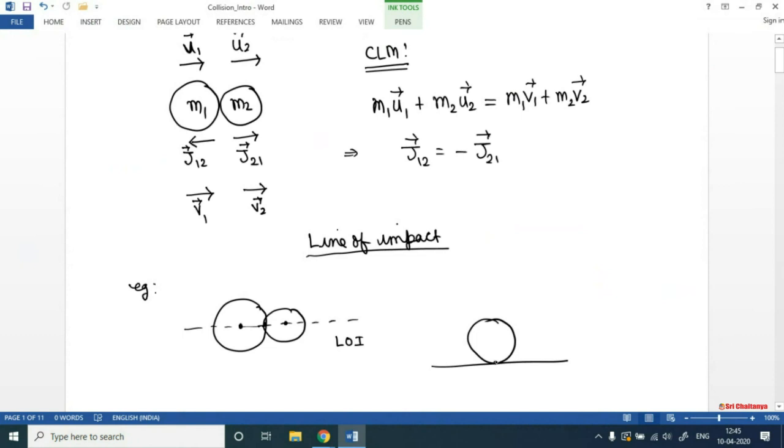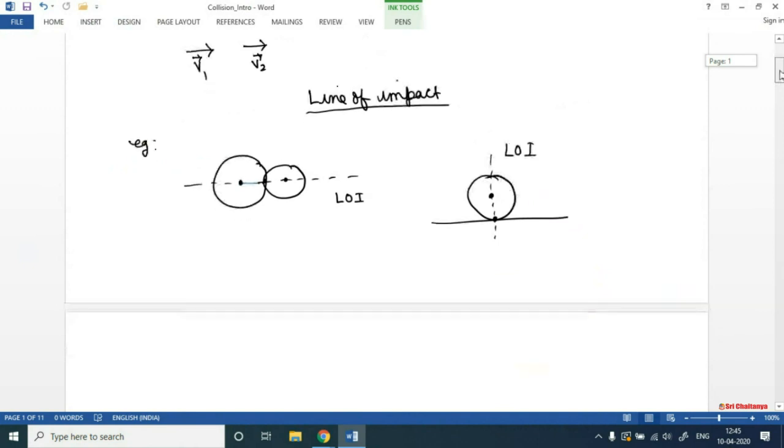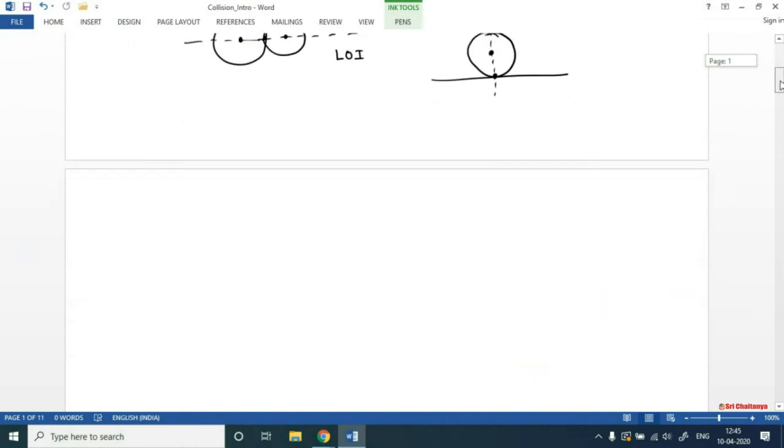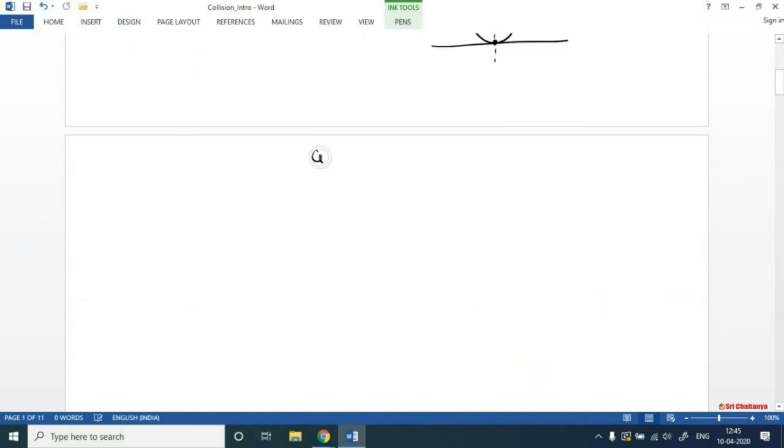This is the point of contact during the collision, and the common normal at the point of contact passes through the center of the sphere, so this would be the line of impact.